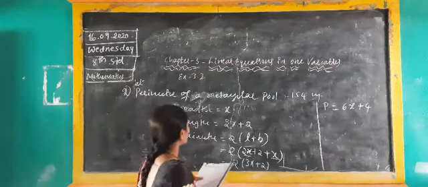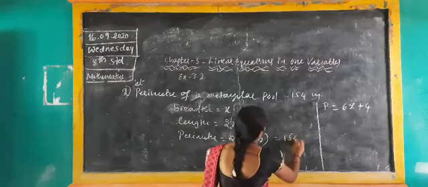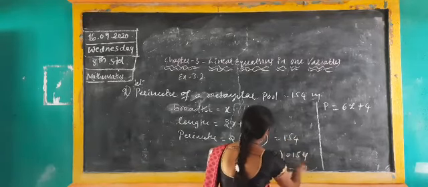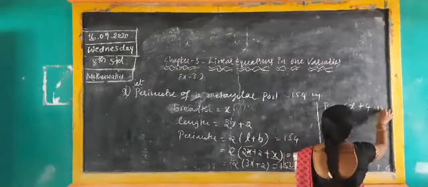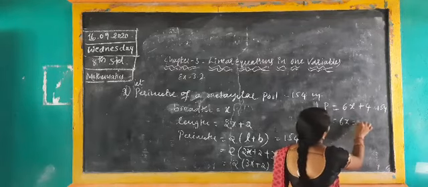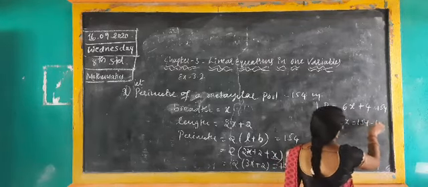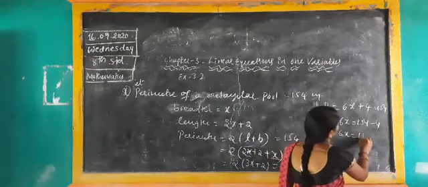It is equal to the total perimeter given, 154. So 6x is equal to 154 minus 4, 6x is equal to 150.